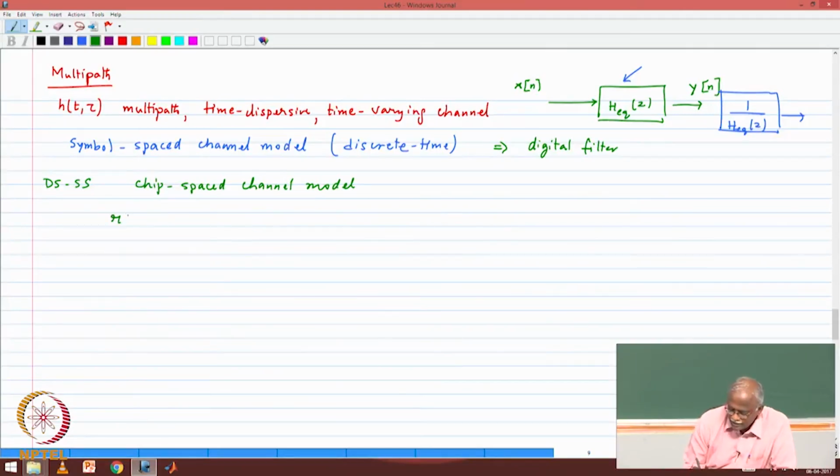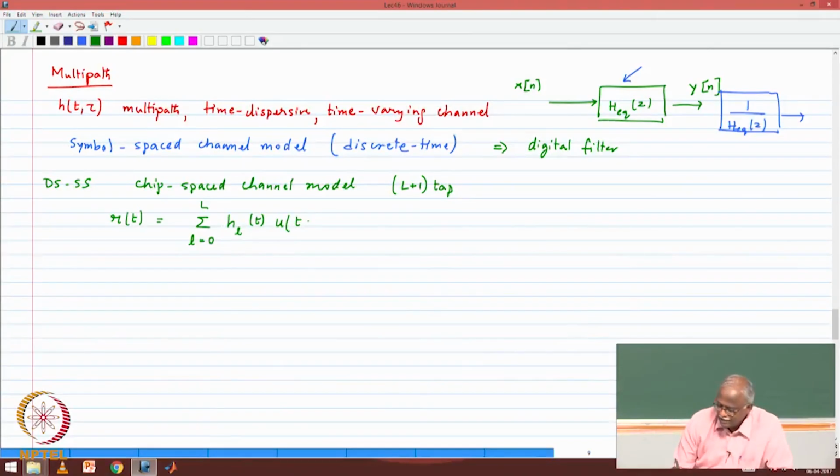We say that the received signal at the receiver is equivalent to an L+1 tap model, which can be represented as a summation over l equal to 0 through L, that's your L+1 taps. The coefficients of the symbol spaced channel are H subscript l of t times the original transmitted signal. The baseband representation of the transmitted signal was u of t. Because these are chip spaced shifted versions, this will be t minus l Tc.